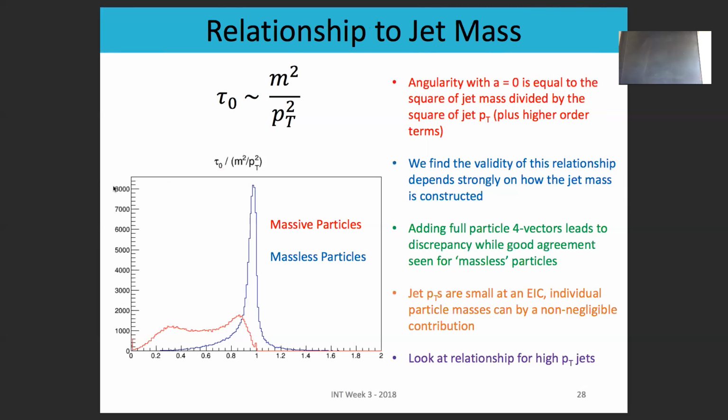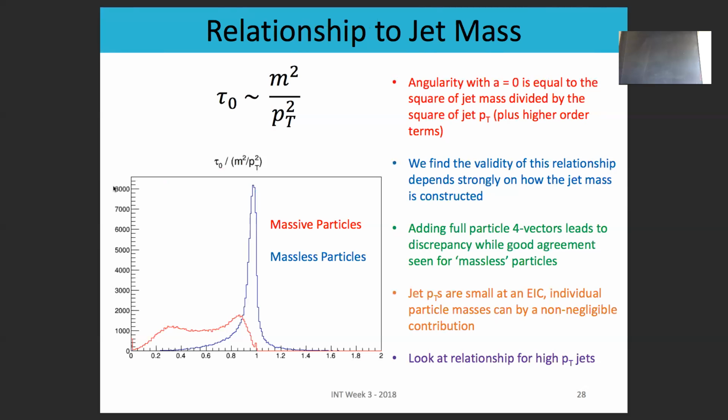And so the first thing I saw when I made this relationship was this curve here. If I take this tau naught over this mass squared divided by pT squared quantity, it's very spread out, not peaked around 1 at all. That was because, naively, in PYTHIA I have the full 4-vector for each particle, so I was just adding them all up.